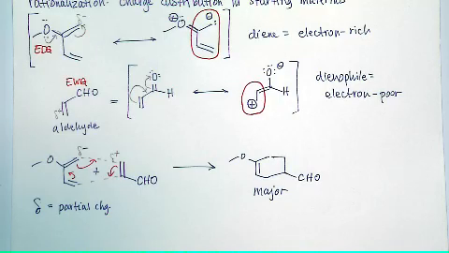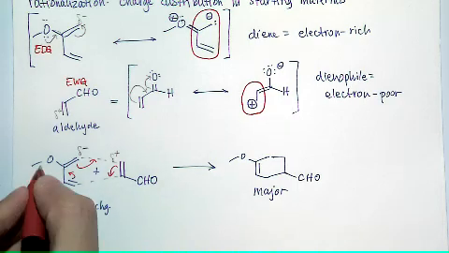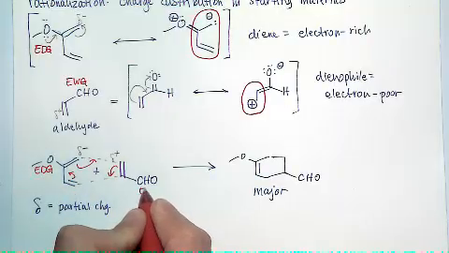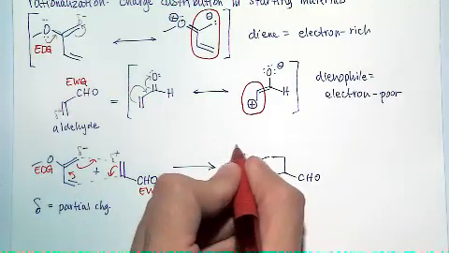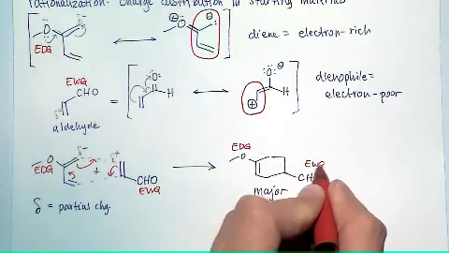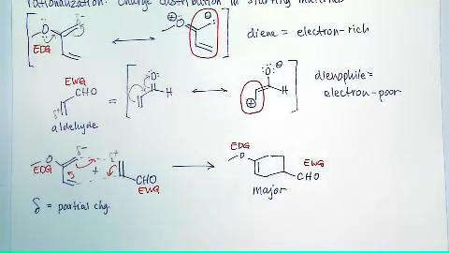Okay, what does that translate to? Well, that tells us that usually, if you've got a diene with an electron donating group and a dienophile with an electron withdrawing group, they're usually going to end up as far away from each other as possible.